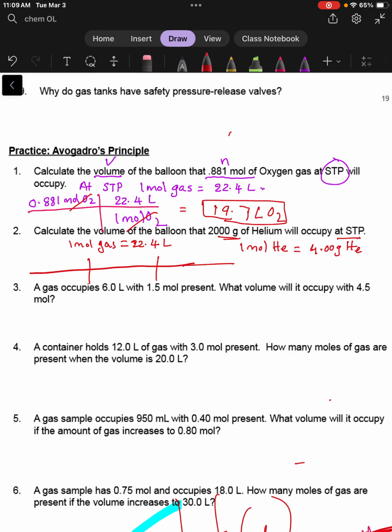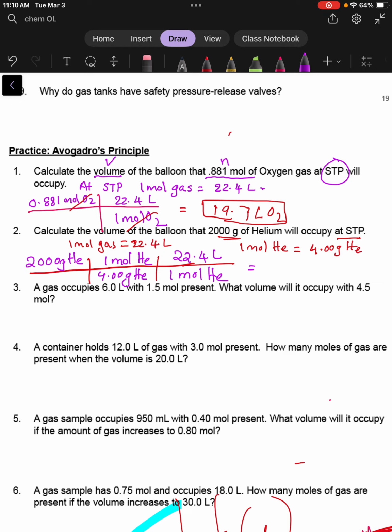Since it is in grams, you need multiple steps. Write 2000 grams of helium, and to convert that into moles, divide by the molar mass, which is 4 grams of helium in 1 mole of helium. Now you have moles, so 1 mole of helium will occupy 22.4 liters. Then multiply and divide.